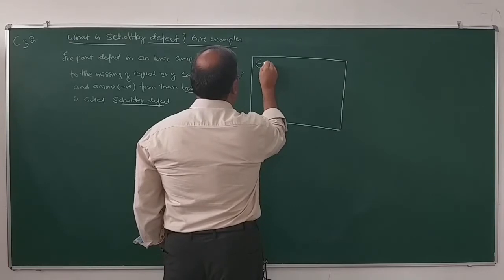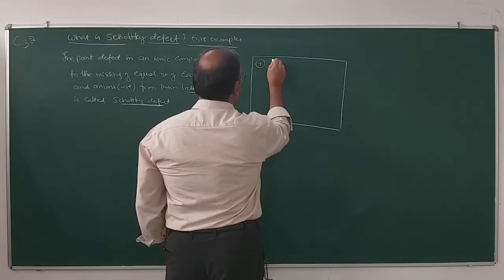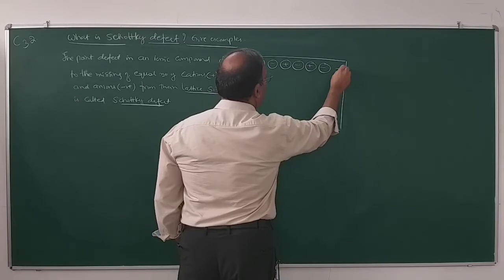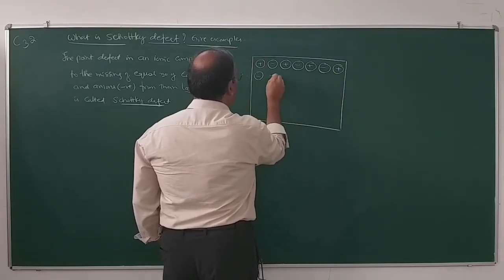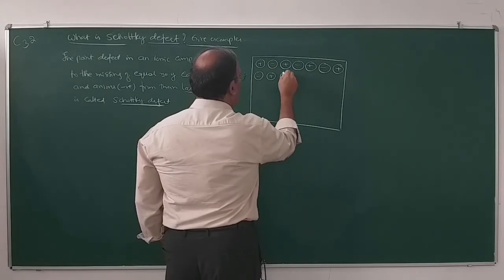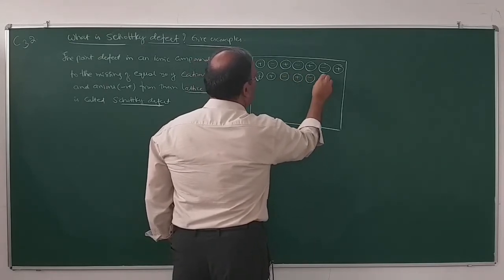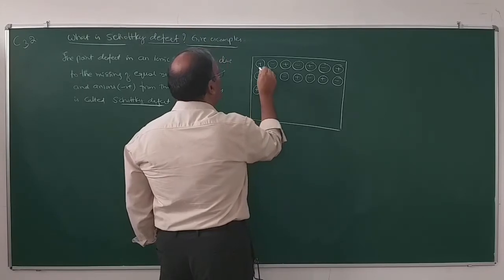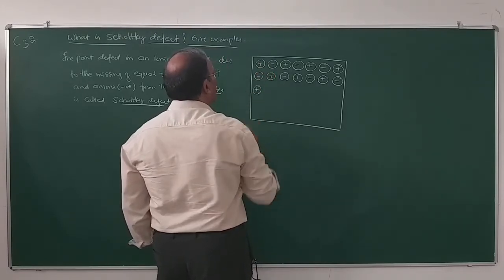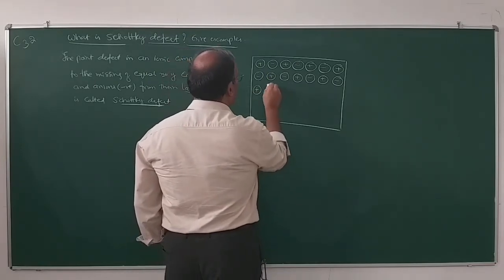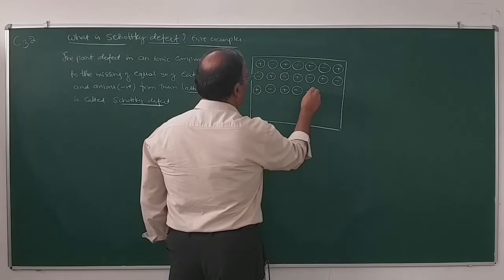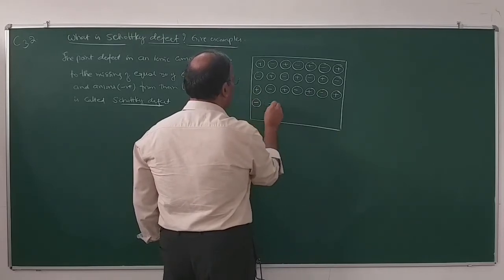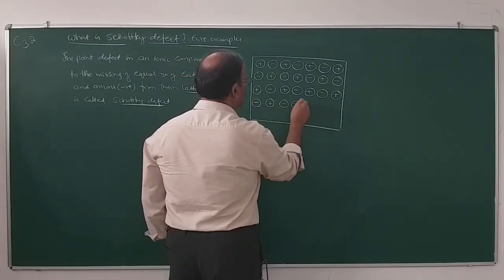Here the positive ion, negative ion, positive ion, negative ion are arranged alternately, so positive comes below or above negative.